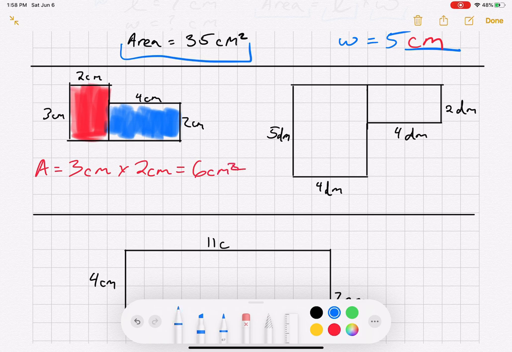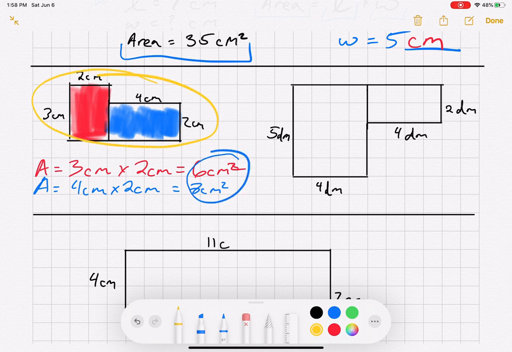Then I'm going to find the area of my blue rectangle, which is 4 centimeters times 2 centimeters, which equals 8 centimeters squared. Then I need to add these back together because this is a whole shape that I'm trying to find the area for. So the area of my whole shape is 6 centimeters squared plus 8 centimeters squared, which is going to equal 14 centimeters squared.